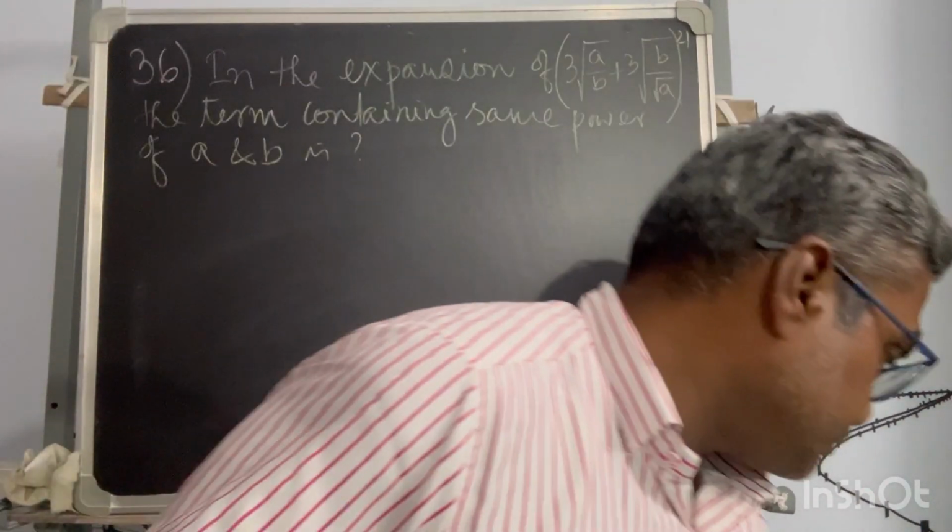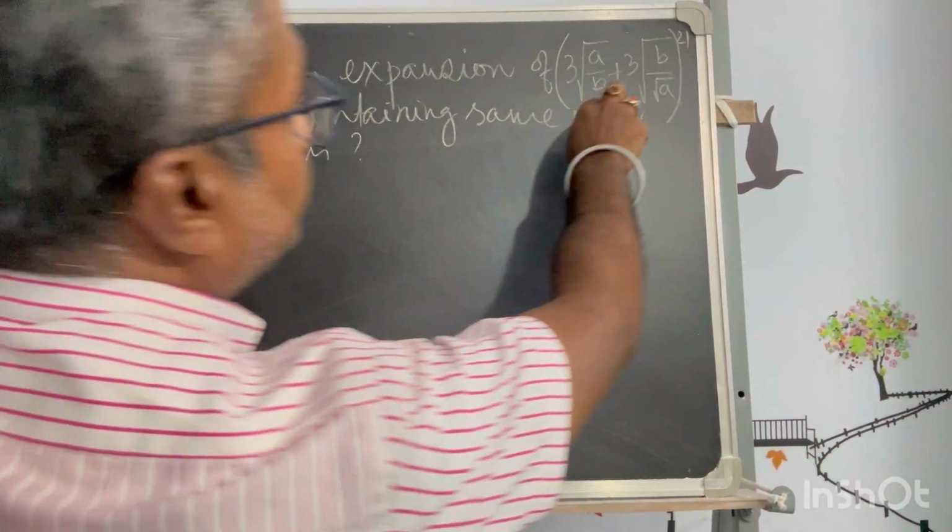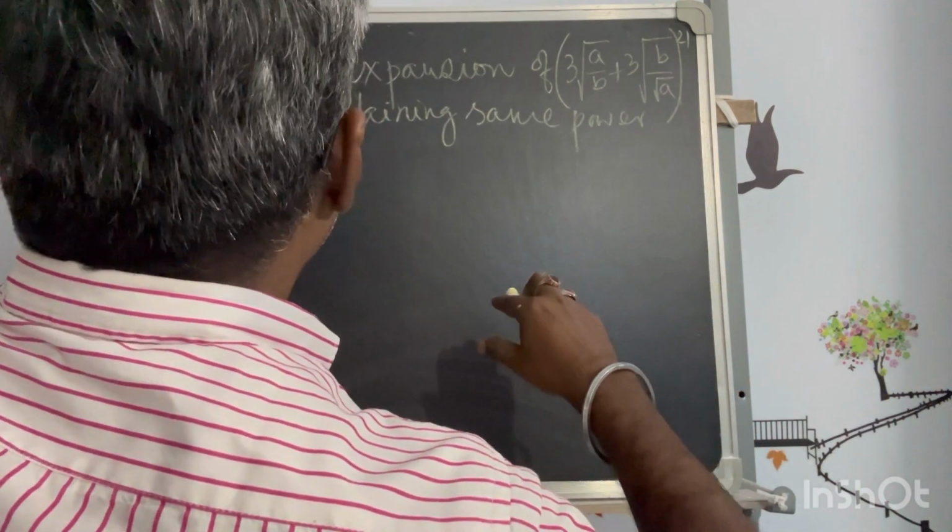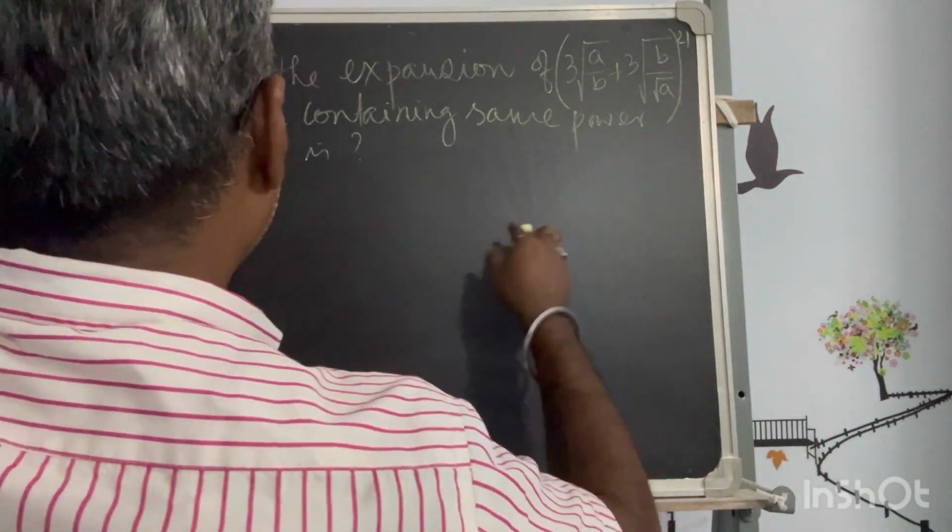So this is a binomial series given, and we need the term containing the same power of a and b.